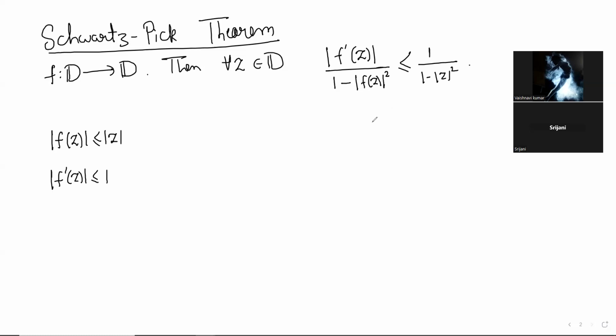No, I'm just deducing this from these two inequalities, which are by Schwarz lemma. So mod of f(z) square is less than or equal to mod z square.